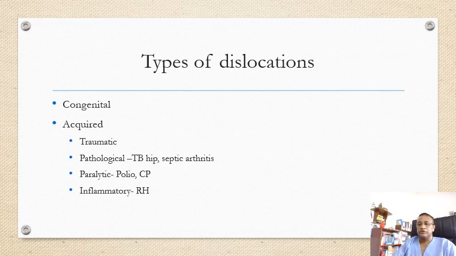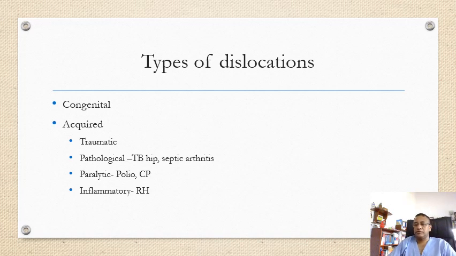Then we go to pathological dislocations. Pathological dislocation occurs when your joint capsule is disrupted due to some other pathology. For example, if you get tuberculosis or septic arthritis, due to these conditions your joint capsule gets damaged, so the joint can be dislocated. Another type is paralytic.